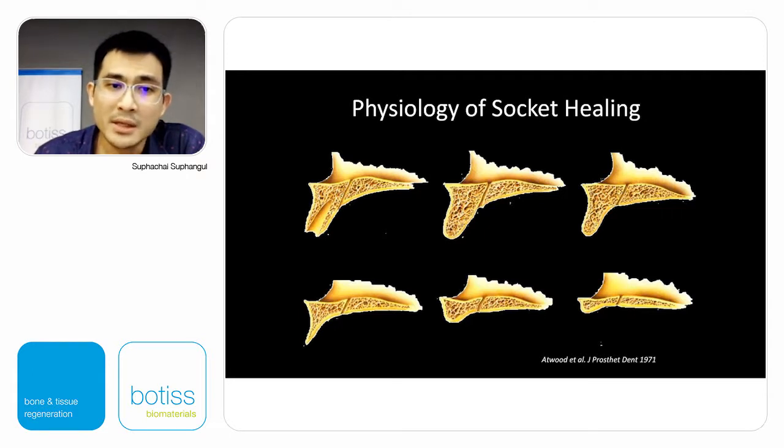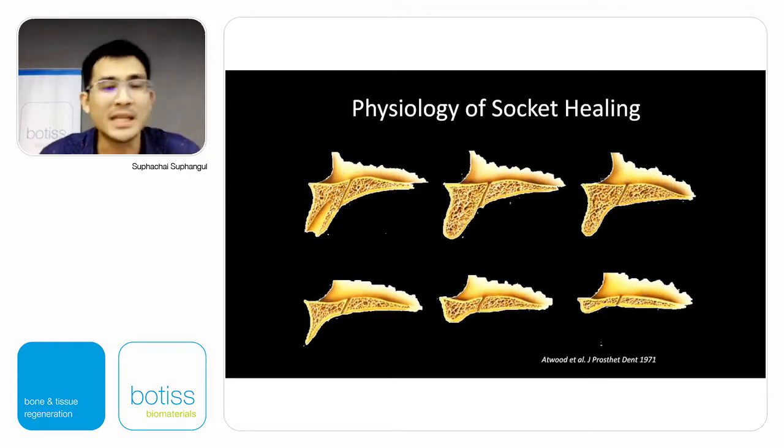You can see when we lose the teeth, the dimension of the socket is still maintained at first. But as healing time passes, this one is an ideal alveolar ridge where we can place the implant, with enough of both horizontal and vertical dimension.